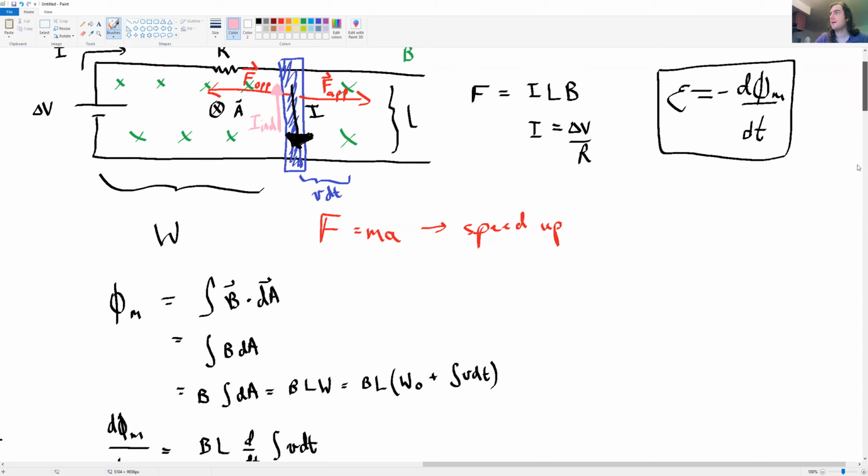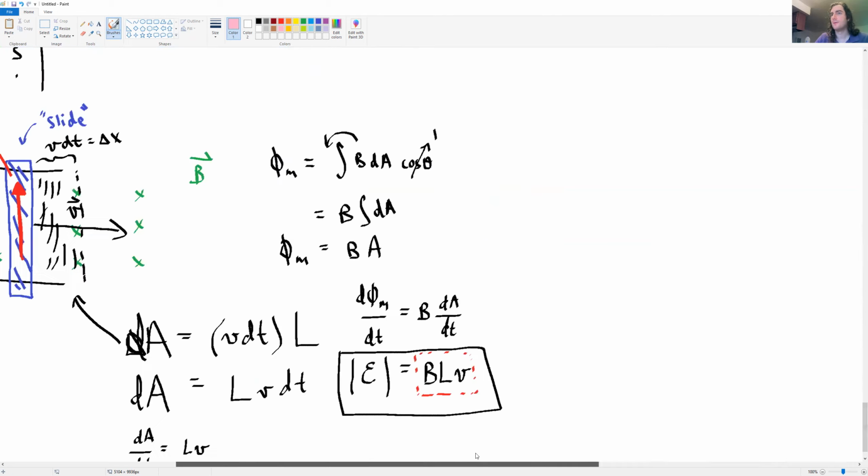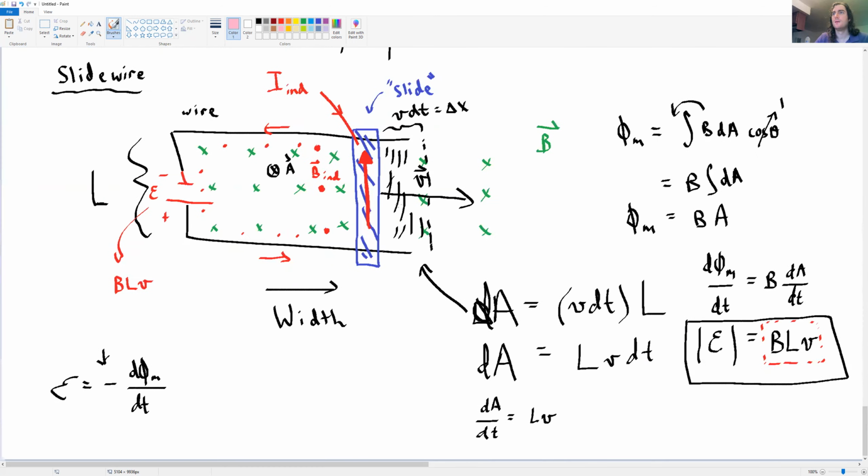That's because of exactly what we saw before. If this thing moves to the right, we induce an upward current when the magnetic field is into the page. If it moves, the flux changes, so there's an induced current upward to oppose the change. That was what we were doing with these red dots here.